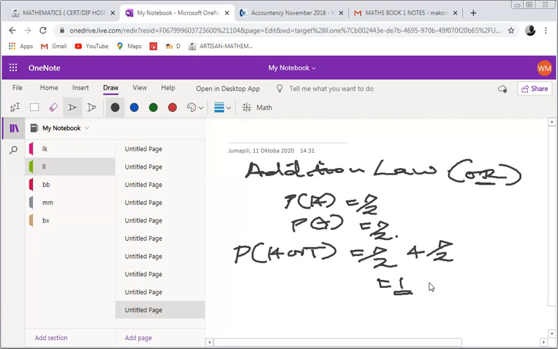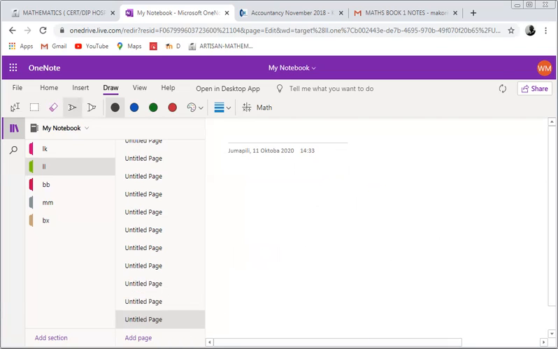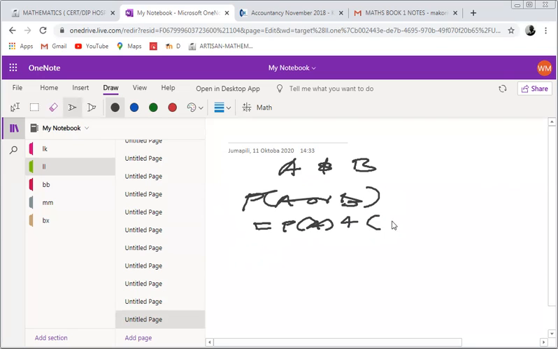So the OR rule is applied to mutually exclusive events, and we can come up with our general formula. If two events, A and B, are mutually exclusive, then the probability of A or B happening is equal to the probability of A plus the probability of B. We add the two probabilities, and that's why it is known as the addition law.